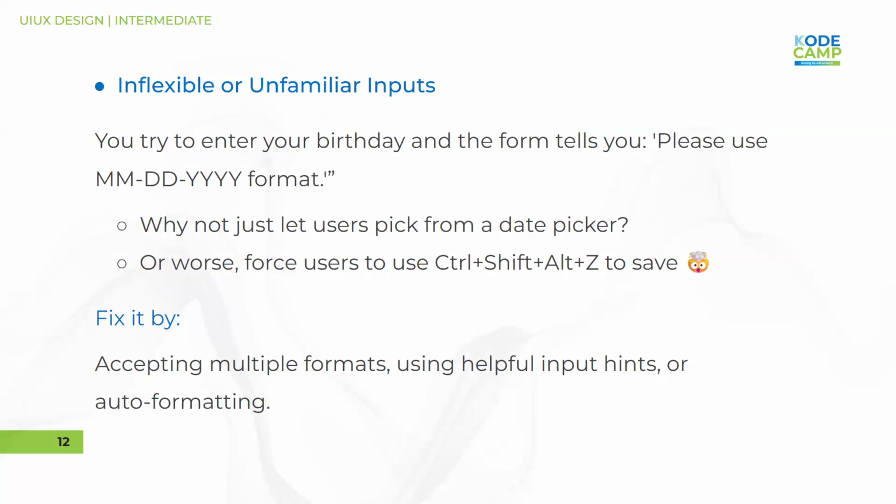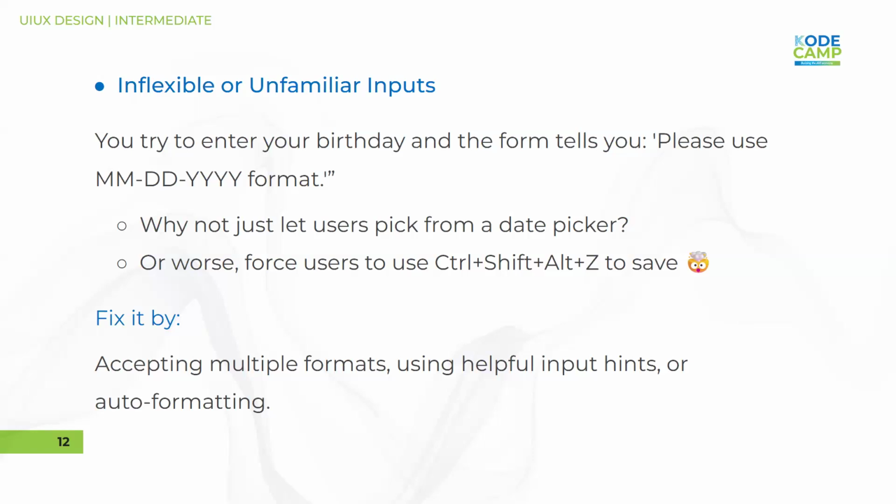I think there are some websites that use month, day, and then year format, and most users might not be familiar with this particular input. Or you decide to tell users to use Control Shift Alt Z to save the date of birth after filling in the forms. But that is not it.